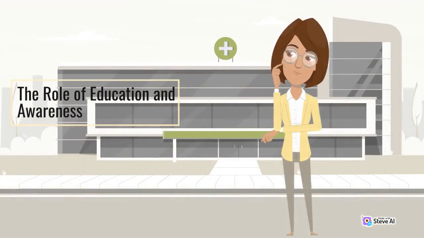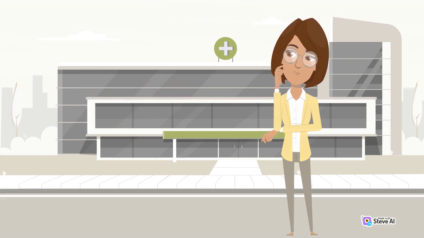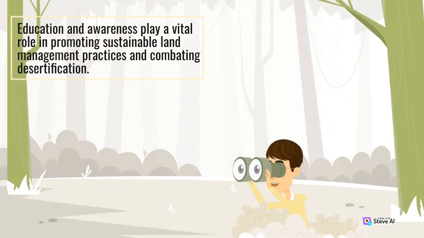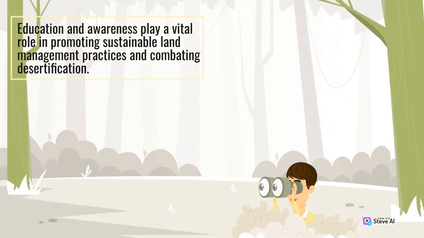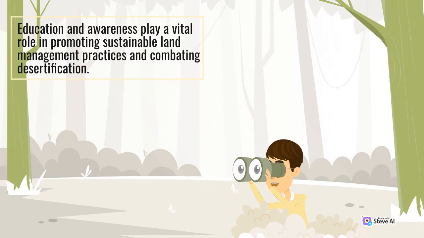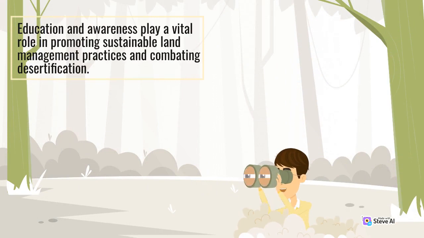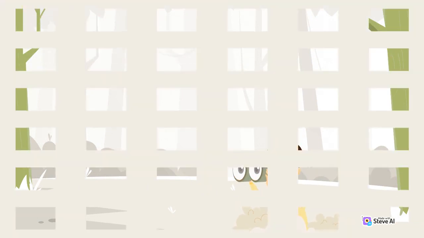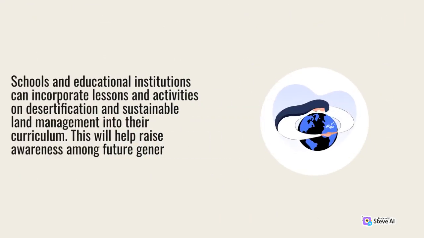The role of education and awareness. Education and awareness play a vital role in promoting sustainable land management practices and combating desertification. Schools and educational institutions can incorporate lessons and activities on desertification and sustainable land management into their curriculum.